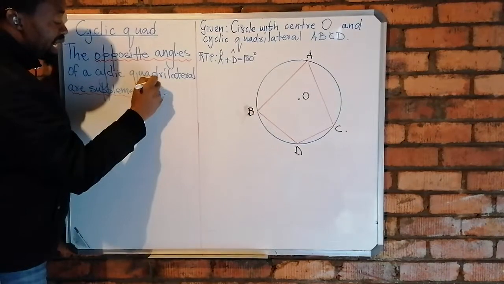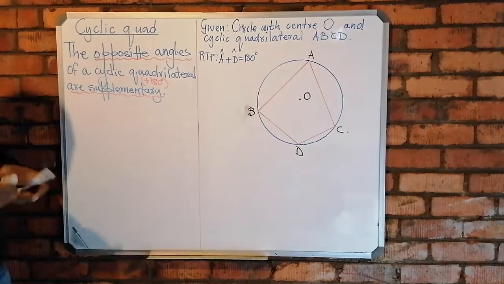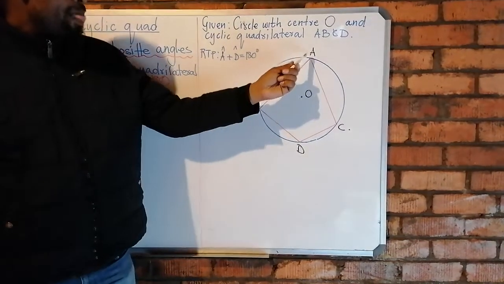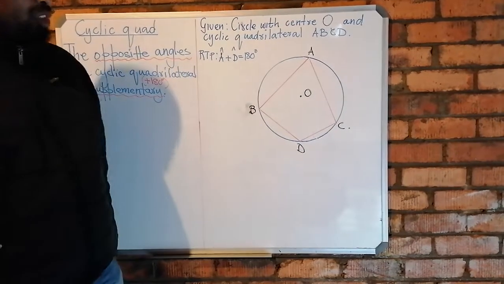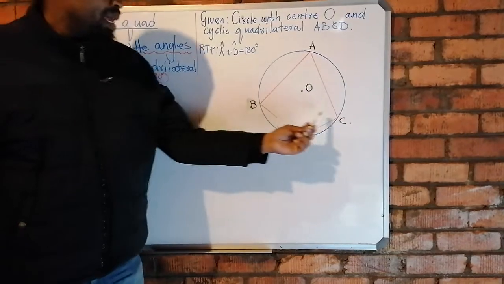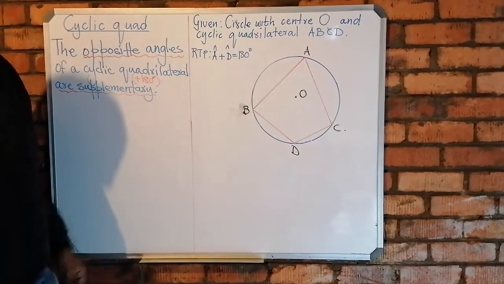It means they add up to 180 degrees. Now, if you go to my diagram there, that would mean that angle A plus angle D is equal to 180 degrees. Angle B plus angle C is equal to 180 degrees.